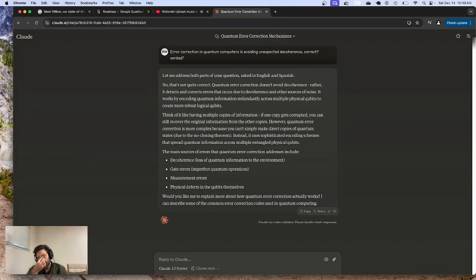We're gonna see if Claude can explain that. Think of it like having multiple copies of information. If one copy gets corrupted, you can still... Yeah, this is redundancy. It's the same thing as on the space shuttle, where there were multiple computers. What was it, 4 computers that NASA used? Actually, I think I'm thinking of Apollo as well, for navigation.